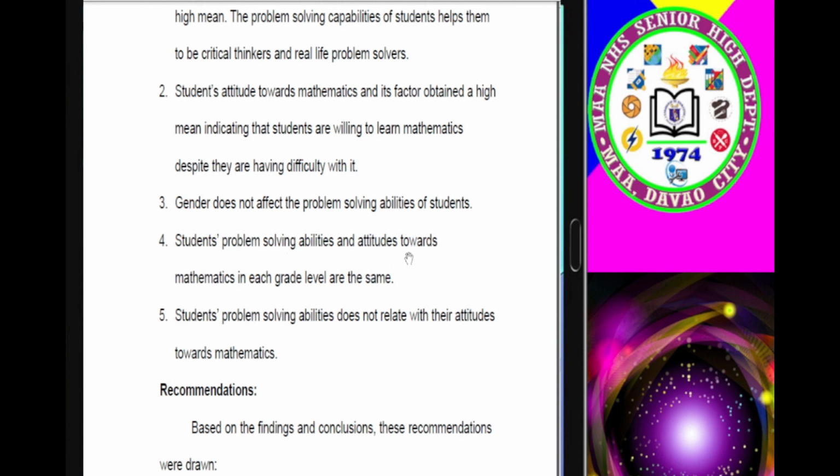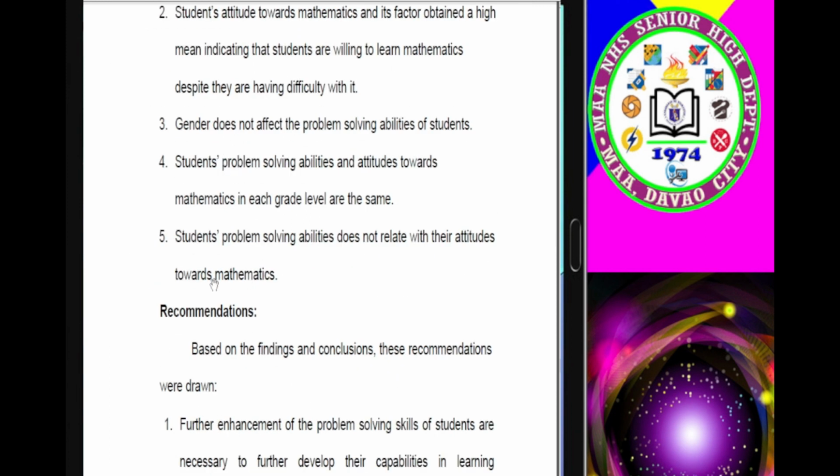Because our null hypothesis is there is no significant difference in their abilities and attitude in mathematics when grouped according to grade level, we can conclude that they are the same. Or we can also say that grade level does not affect their problem solving abilities and attitude towards mathematics.